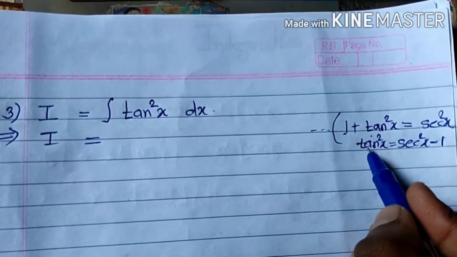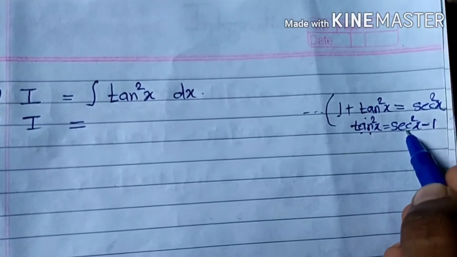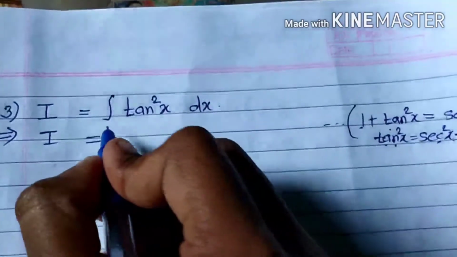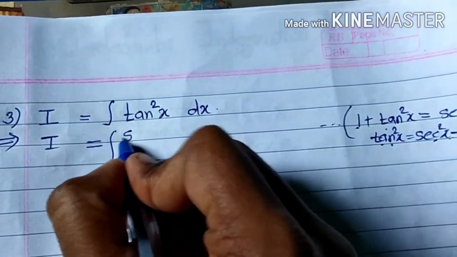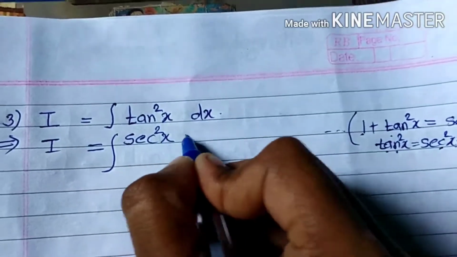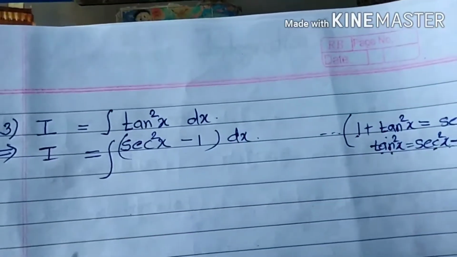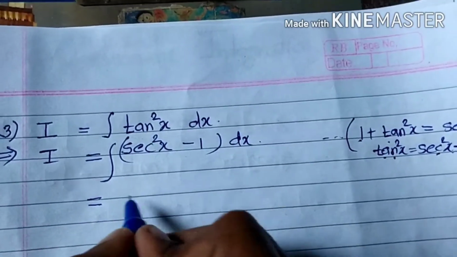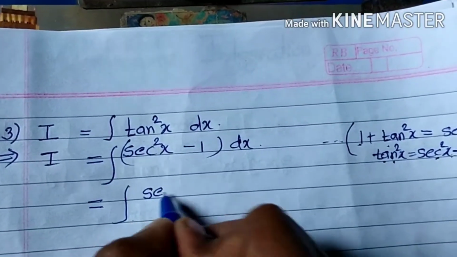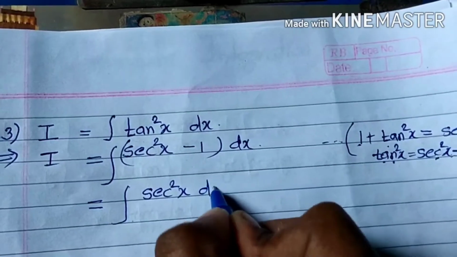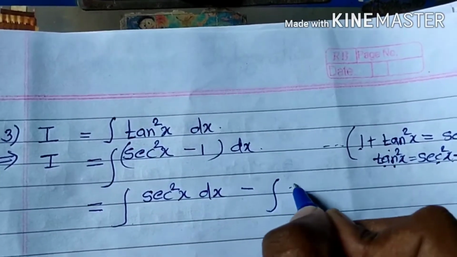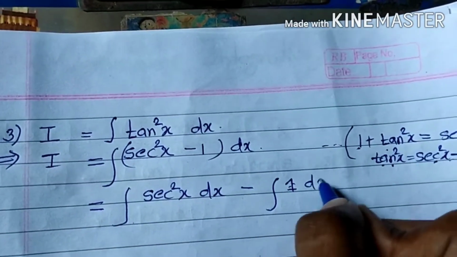Now instead of tan squared x, put here sec squared x minus 1. So integration of (sec squared x minus 1) into dx. Okay. Now separate the integration. Integration of sec squared x dx minus integration of 1 into dx.